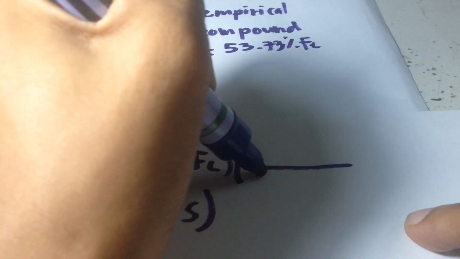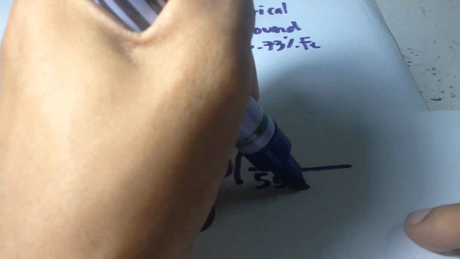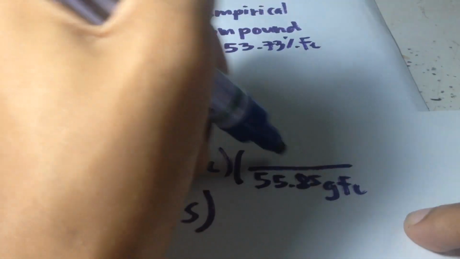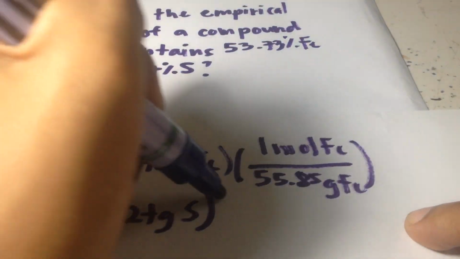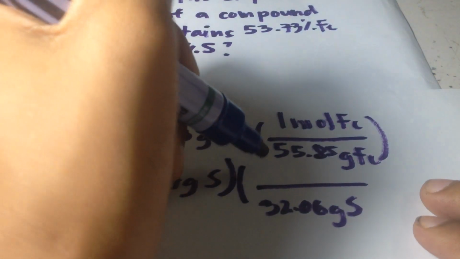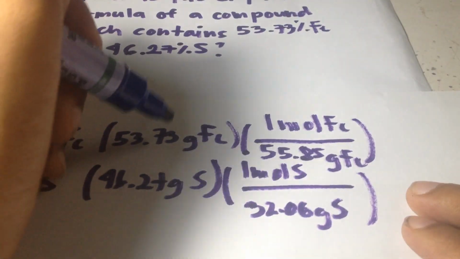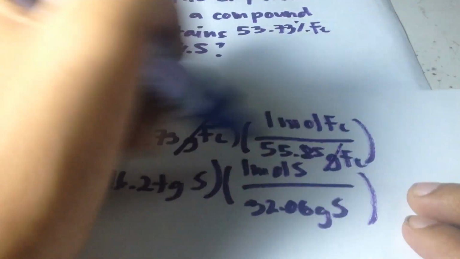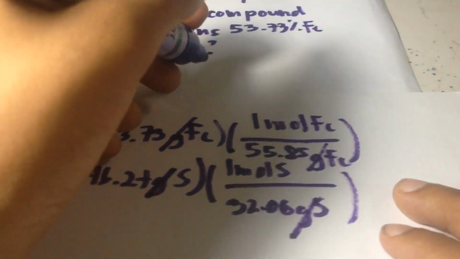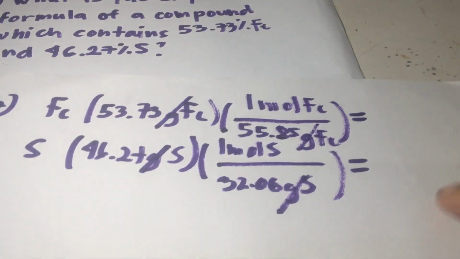So calculate by each formula mass. So divided by 55.85 grams of iron per 1 mole of iron. Then how about in sulfur? So 32.06 grams of sulfur per 1 mole of sulfur. So you need to cancel out by each grams. So the left is their moles. So we need to calculate their own moles.